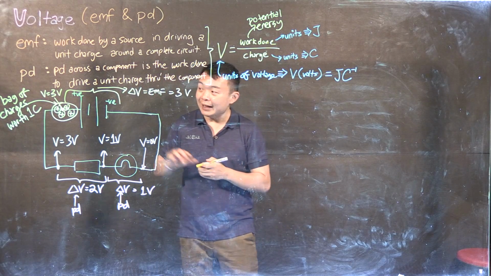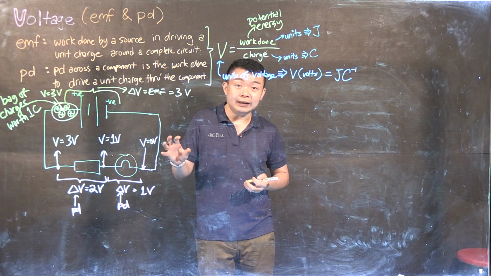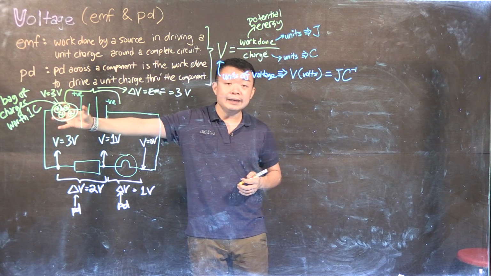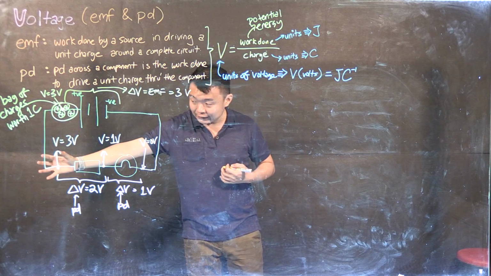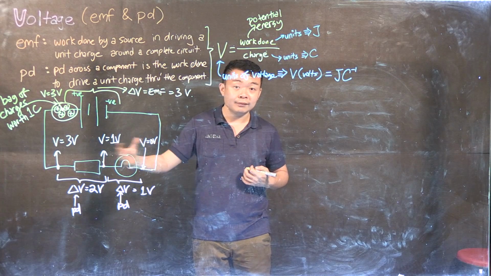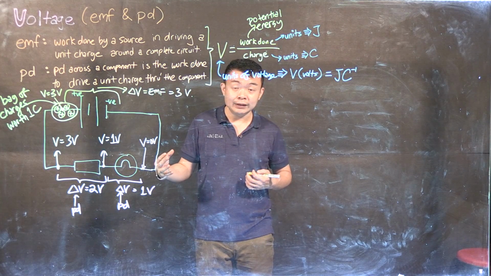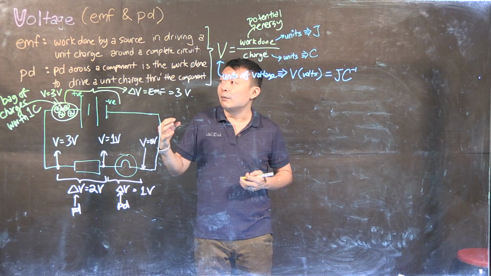So at the end of the journey, the charges will give away all the potential energy that they have gained from the battery, because this potential energy would have been given to the components. So that is the meaning of voltage.